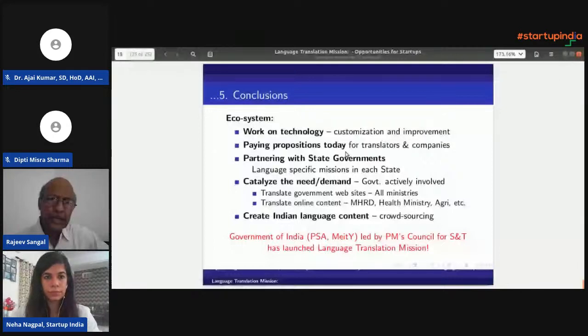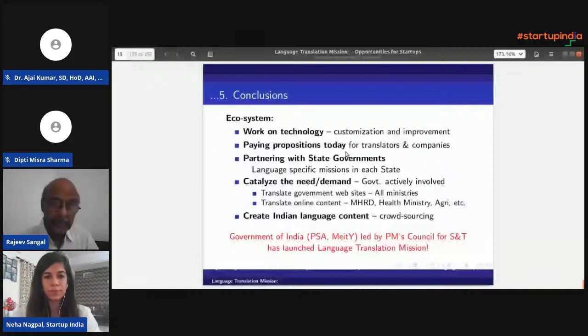For example, in MHRD, the Ministry of Education, for the online content, they have already asked for translation of a large amount of online content, virtually tens of thousands of hours of material, for which there are 25 lakh to 1 crore users. There are 25 lakh active users today who are looking at that content. So on one hand, there are users, on the other hand, there are suppliers of information in English, which can now be converted. And the government itself, through the ministries, has come forward to catalyze the demand because it's a real need they are feeling.